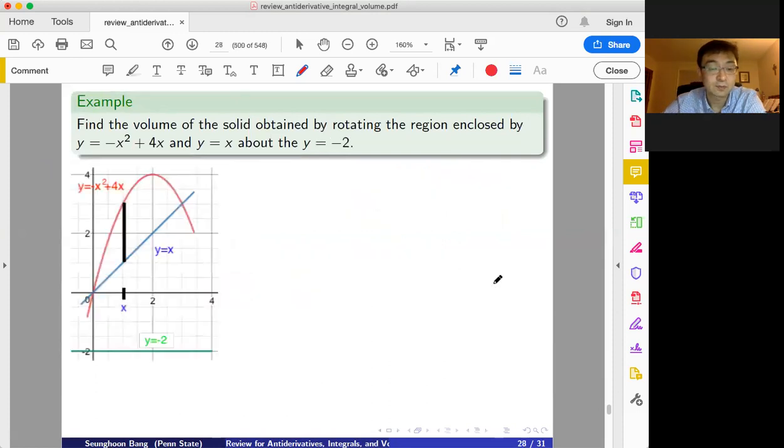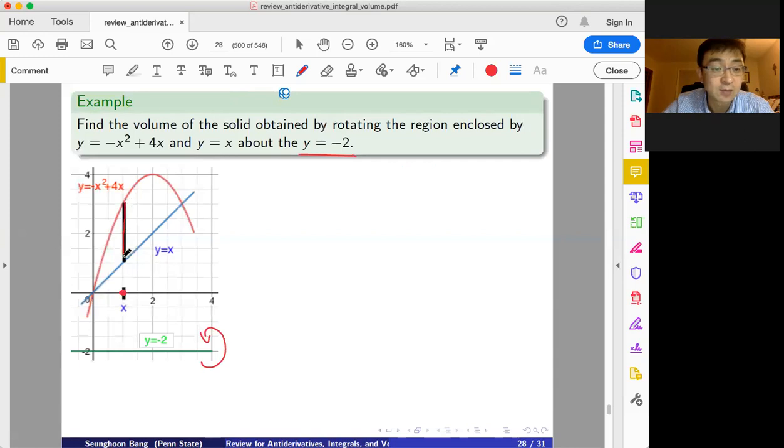So here, what's that? The same things. The only difference is the rotating axis, y equals negative 2, exactly a horizontal line. You have to use the washer or disk method. How can you decide washer or disk? Same. You can choose an x value. You have to cut.